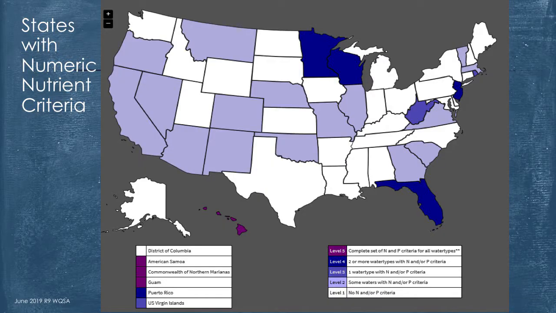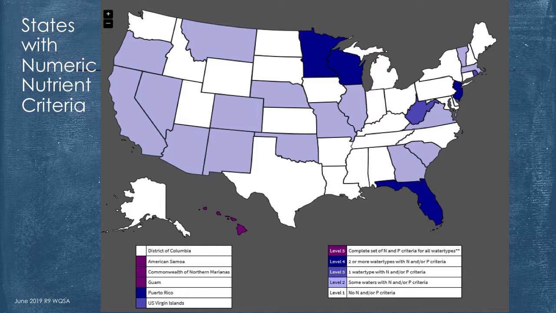This is the status of states with numeric criteria. It is not overwhelming. So the scale here, California looks good, but it's good because some regional boards have nitrogen criteria. San Diego has, and Region 6 has.